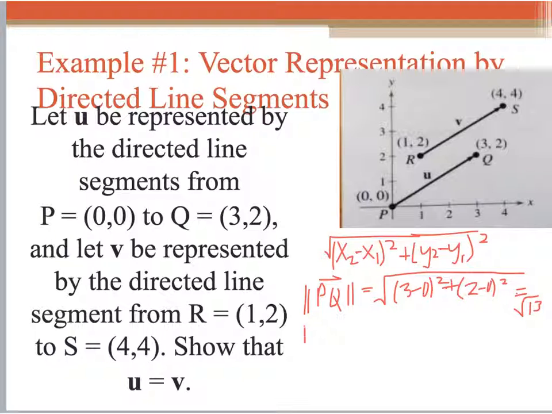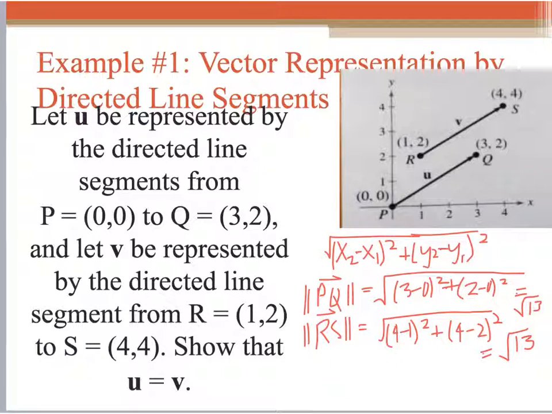Same thing for the segment RS. We would use the square root of (4 minus 1) squared plus (4 minus 2) squared, and that would still give you the square root of 13.